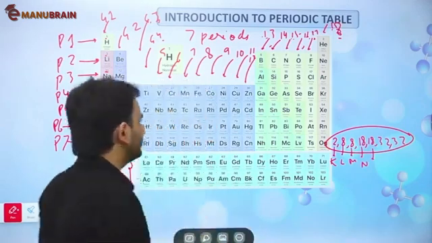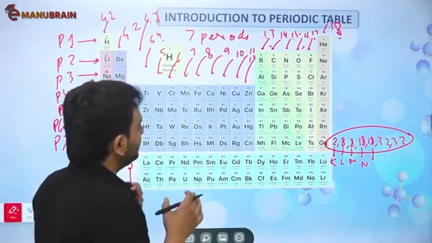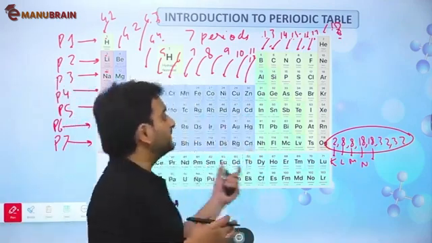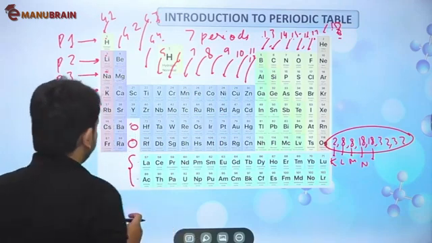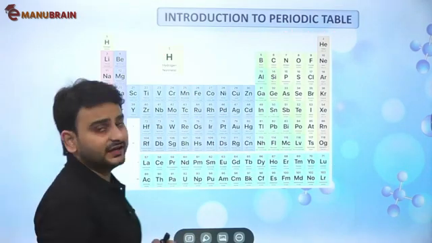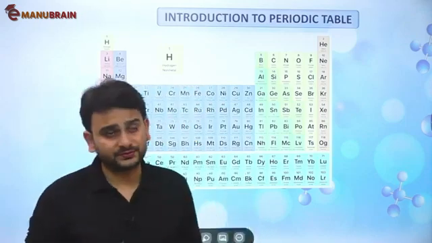I hope you've understood. This is a very organized way of organizing the elements known to us. So what we have is 7 periods and 18 groups, guys.